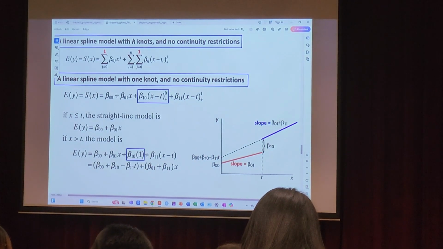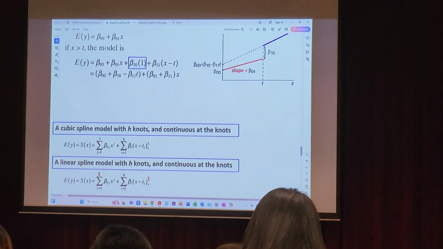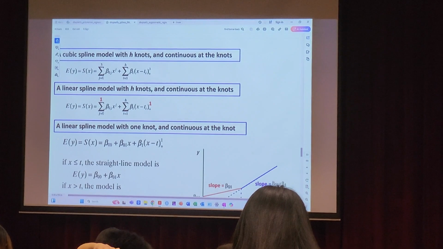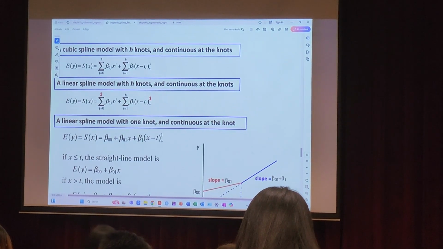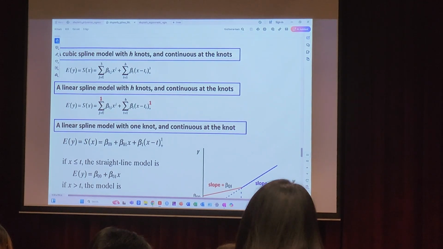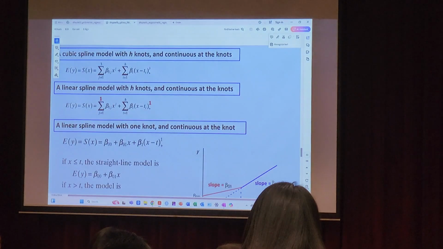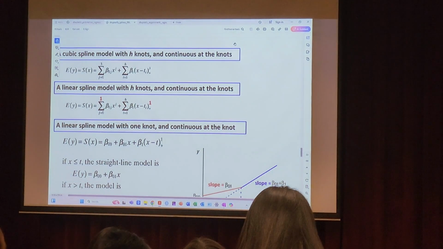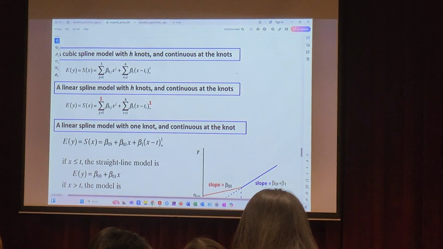Okay, so let's just look at this one. Let's compare this with the one that is continuous.